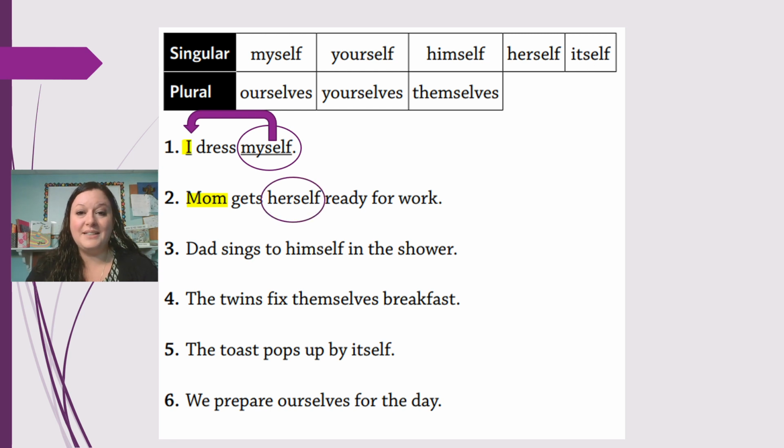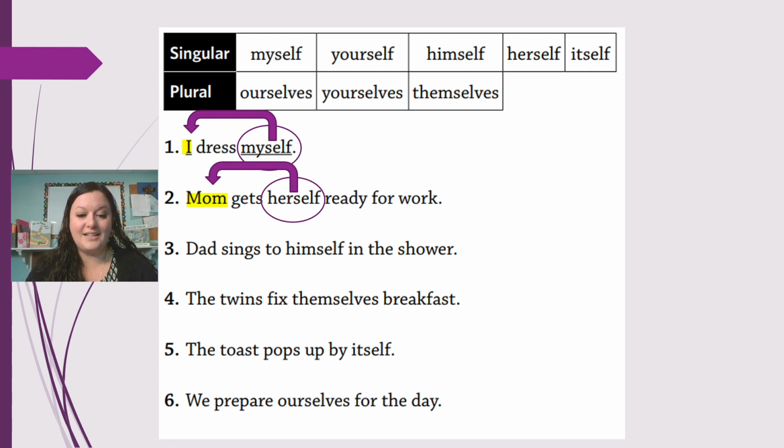The pronoun herself is telling us that mom is getting herself ready. In this sentence, the subject and pronoun are talking about the same person. When the subject is one female, we use herself.